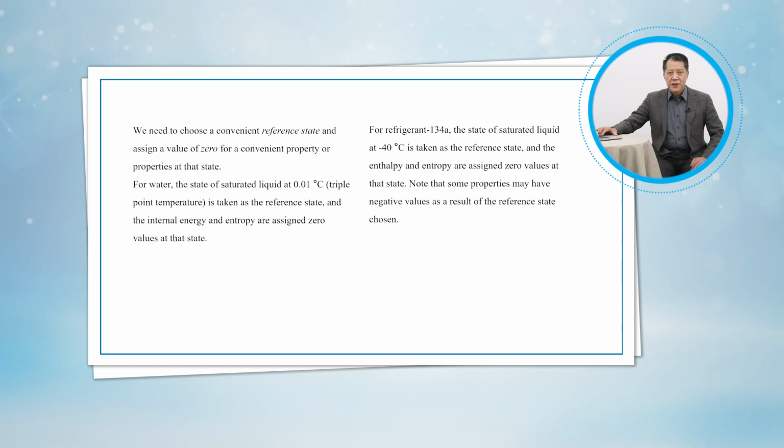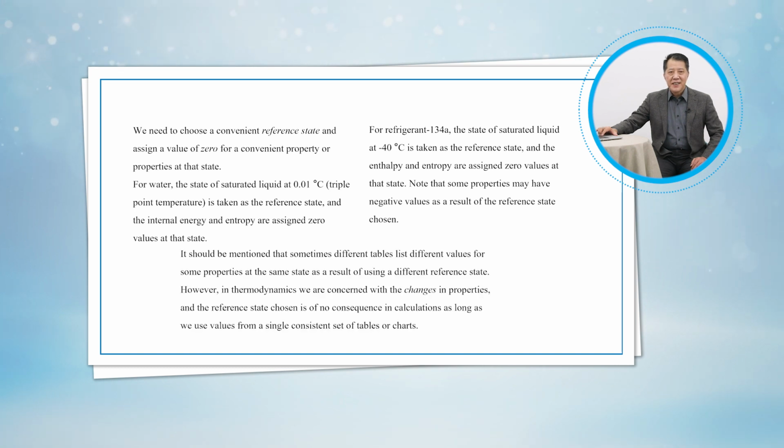For refrigerant 134A, the state of saturated liquid at -40 degrees centigrade is taken as the reference state, and the enthalpy and the entropy are assigned 0 values at that state. Note that some properties may have negative values as a result of the reference state chosen.